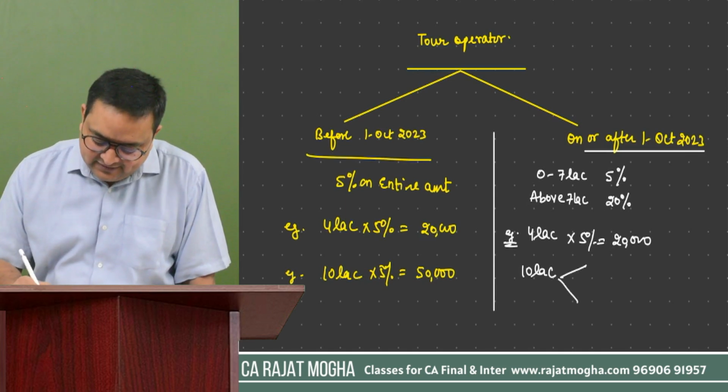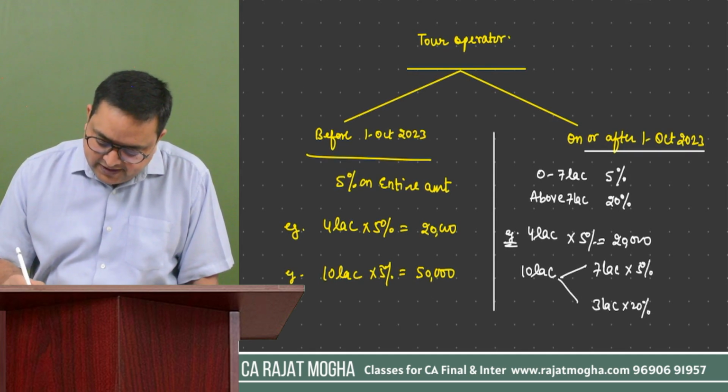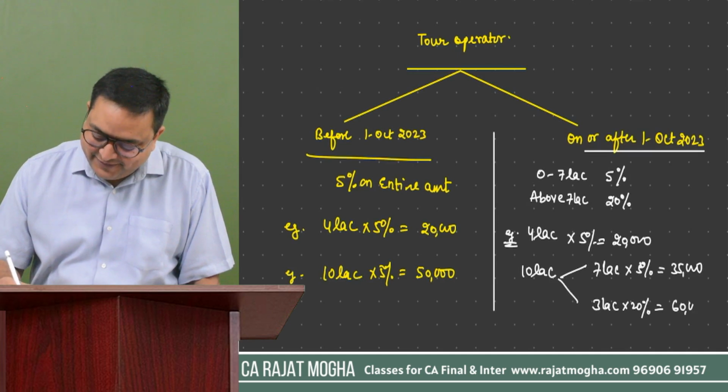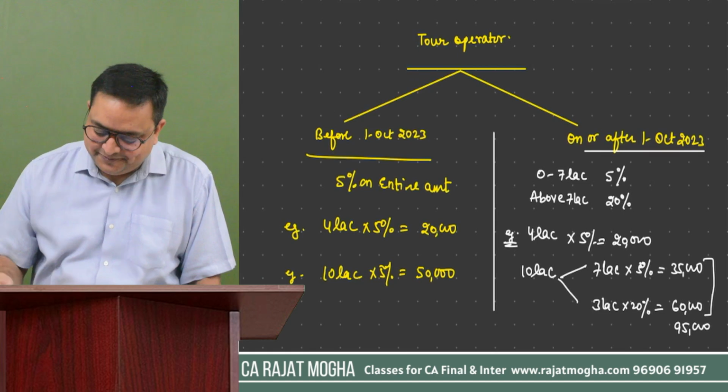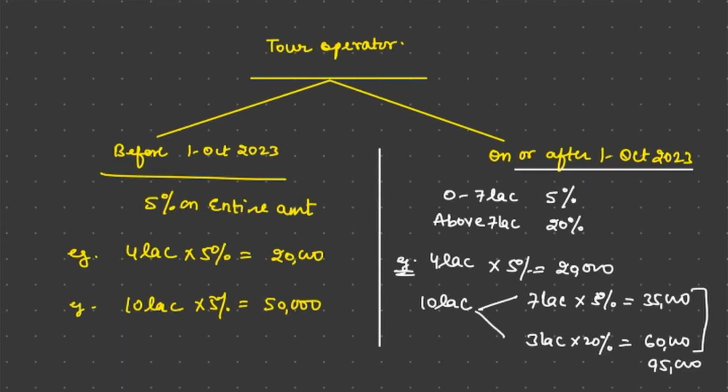So on 7 lakh, 5% is 35,000, and on 3 lakh, 20% is 60,000. In this case, you have to pay 95,000, right? If you want, you can pause the video here and write it down. Correct?